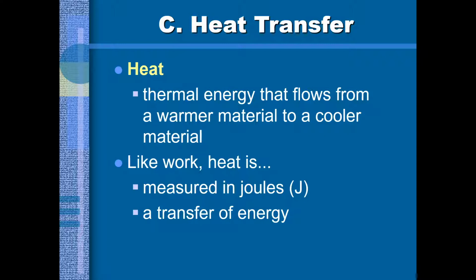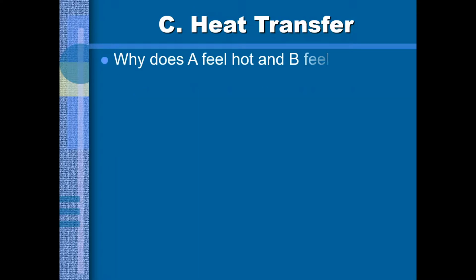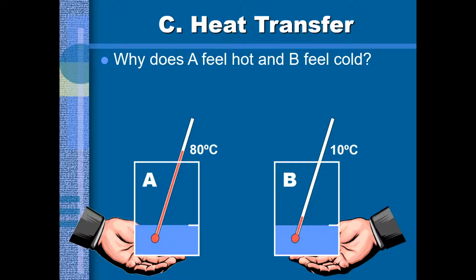We feel temperature. Well, let's see. Why does A feel hot and B feel cold? But why specifically will we feel that A is hot? Again, that's almost boiling water, and that's almost freezing water on the right.